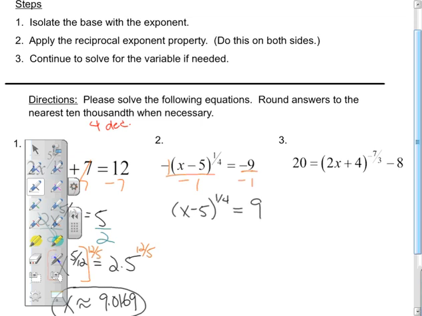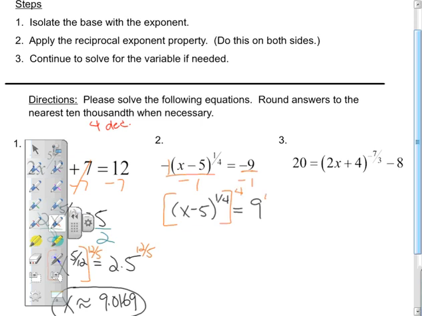Now that I have in fact isolated the base with the exponent, I'm going to raise both sides to the reciprocal of that exponent. Okay, so what does that look like? When I deal with the reciprocal of 1/4, it is going to be 4. So I will raise both sides to the 4th power. I group the entire side here and raise it to the 4th.